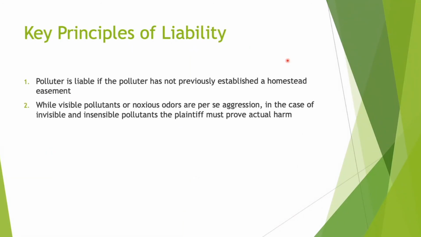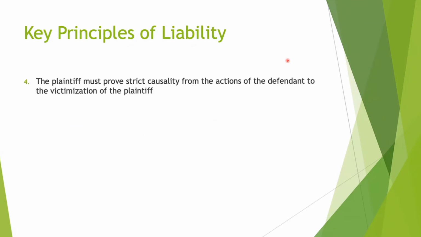So the key principles of liability from that paper are that, first, the polluter is liable if the polluter does not already have a homestead easement. Insensible pollutants require the plaintiff to actually prove harm, which might be difficult. And the burden of proof rests on the plaintiff. The plaintiff would have to prove strict causality from the actions of the defendant to the victimization of the plaintiff.